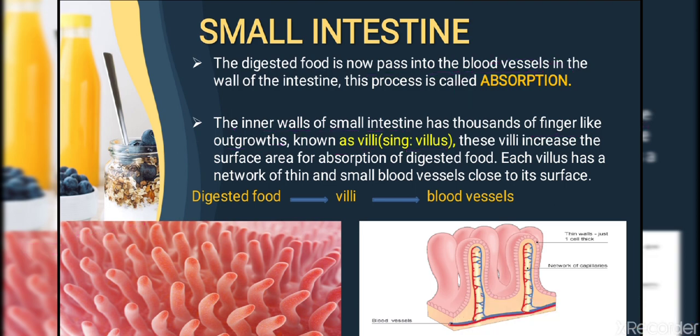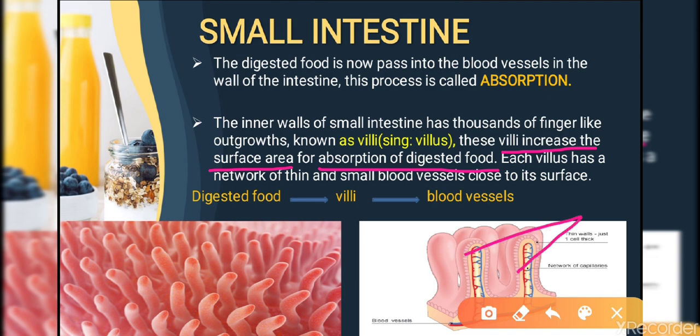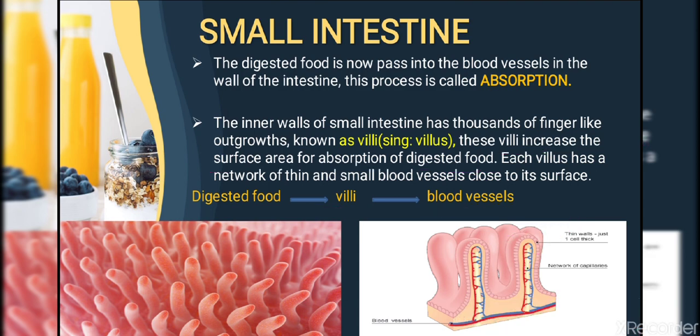These villi increase the surface area for absorption of the food, and each vilus contains a network of thin and small blood vessels close to its surface. So, in the small intestine, the digested food reaches the villi, and from villi it reaches the blood vessels, and from blood vessels it reaches all the parts of the body.